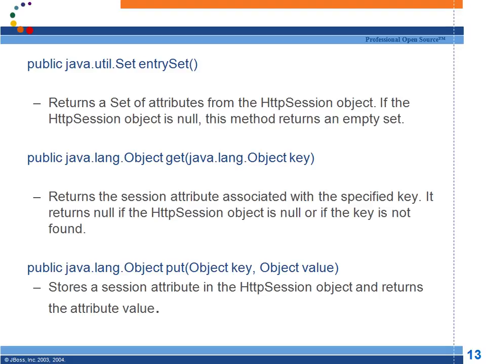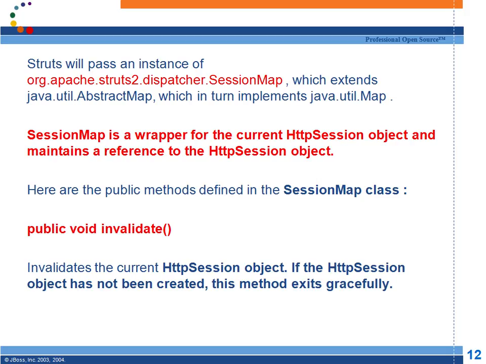And there's a method called get: if you pass the key, the attribute name, it will give you the attribute value. You can also have a method called put to store a session attribute. If you put an attribute inside your map, it will internally keep the attribute inside the HTTP session. So what I want to say is SessionMap is just a wrapper to the HTTP session.